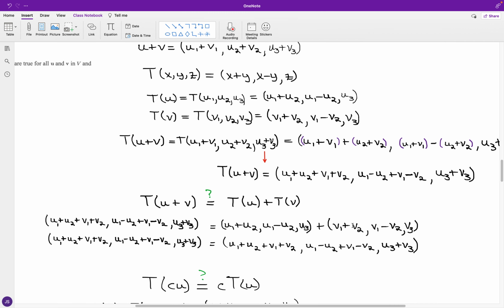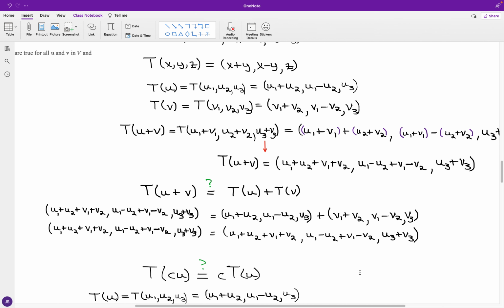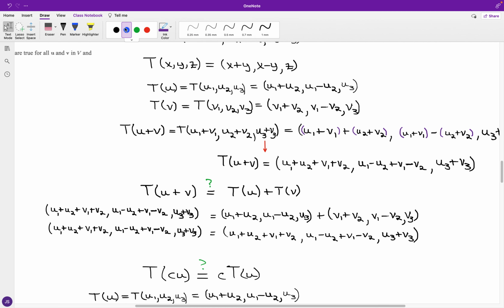If I add this set of vectors together and arrange, it's going to turn out that both sides are equal to each other. So that is going to check out.